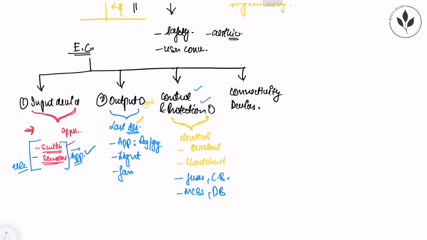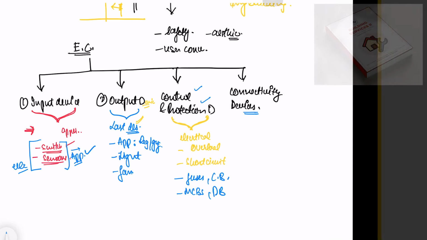And the last one are the connectivity devices. These are the devices which will help in connecting your appliances together with the socket or the switch. So how can you connect your socket or switch?